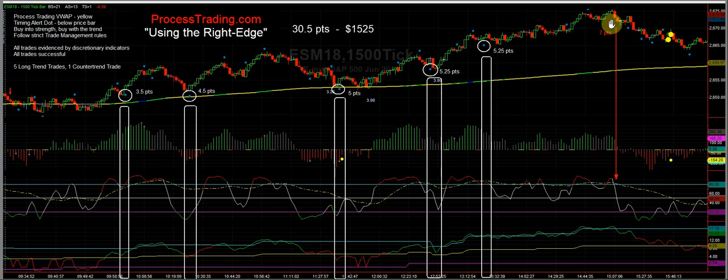Now, the one trade that was discretionary and was a counter trend or contrarian trade, then you do have to use the discretionary indicators. And with these indicators, we see that the price here had been fairly strong. There had been a lot of energy pushing it to the upside, but then when the gray came in, it became weak.